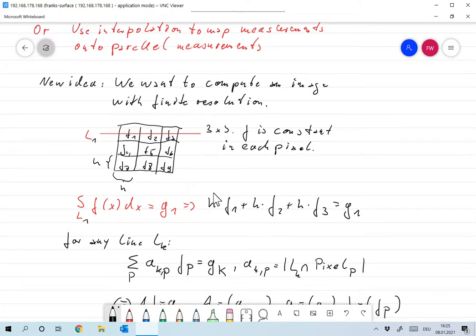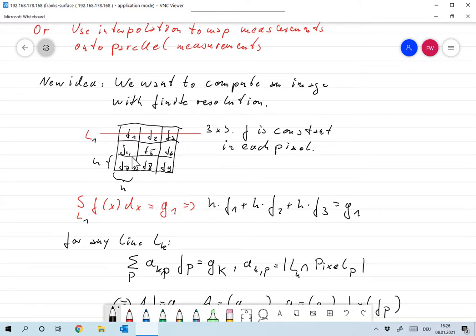Now, we have made measurements, and let's take the measurement line L1 over here. We've measured the integral along this line, and the result was g1. So the integral over L1 of f(x) dx is g1. Now, if this is a reasonable approximation to our function f, then the integral over L1 of this discrete thing over here should also be equal to g1.